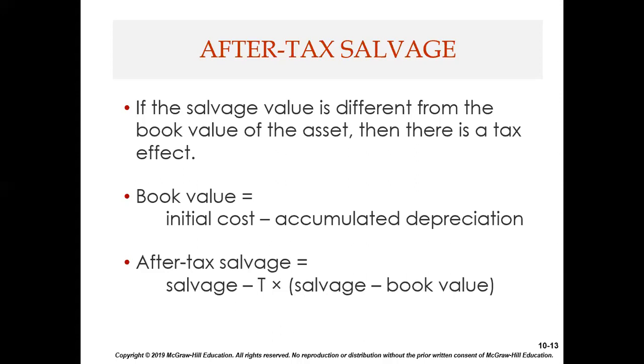So if the salvage value that we expect at the end is different from the book value of the asset, what's book value? It's what we paid for the asset minus accumulated depreciation. Now, if we're going to keep that 7-year asset for all 8 tax years, we're going to calculate all the depreciation.